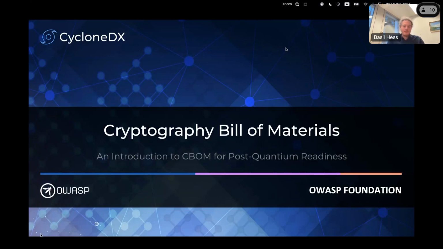My name is Basil. I'm at IBM Research in Zurich, working in the cryptography group, currently focusing a lot on topics around so-called quantum-safe cryptography. That's the topic about migration to a new generation of cryptographic algorithms, and that's how we got connected to SBOMs and CBOM.